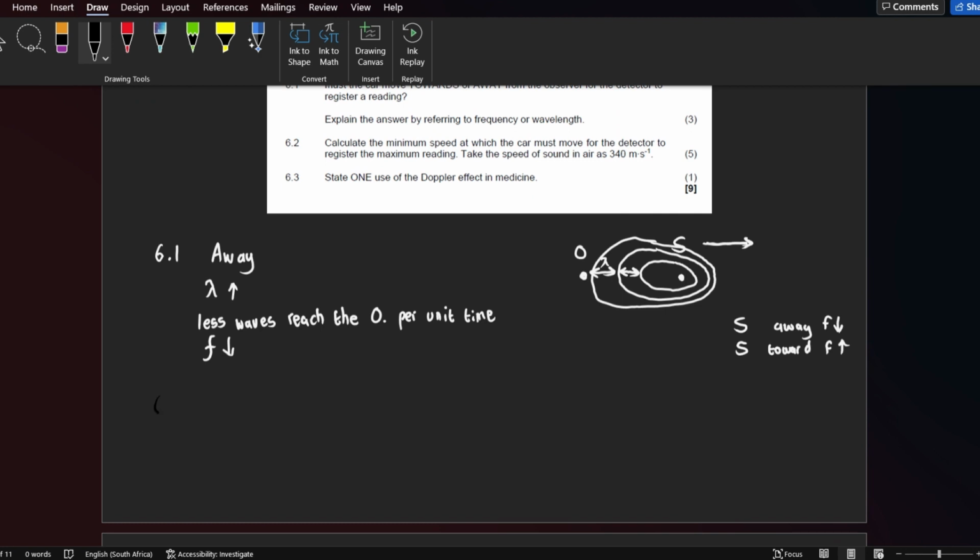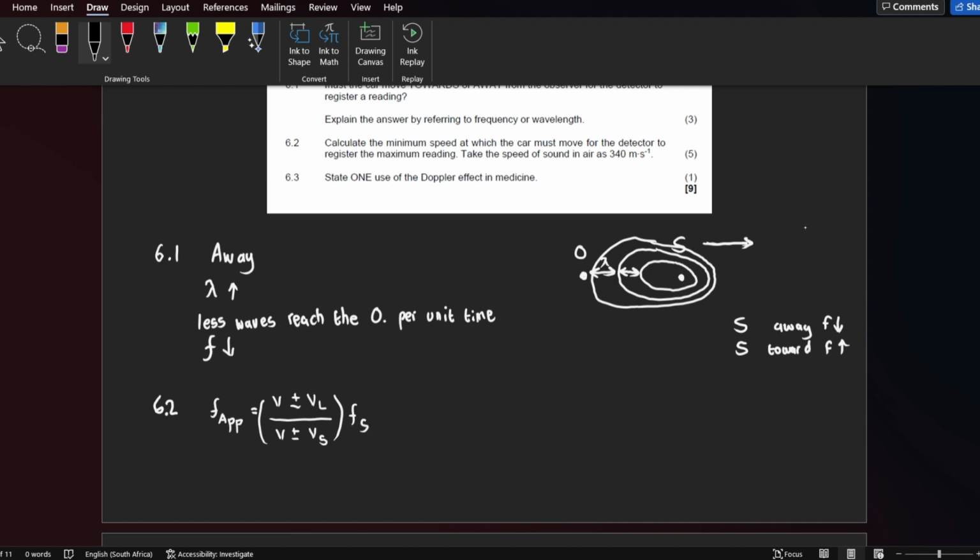So first thing we do is we write down the formula for calculating the frequency due to the Doppler effect, and that is our apparent frequency is equal to the speed of sound in air plus minus the speed of the observer or the listener, divided by the speed of sound in air plus minus the speed of the source, which in this case is our car. And all of that is multiplied by the frequency of the source.